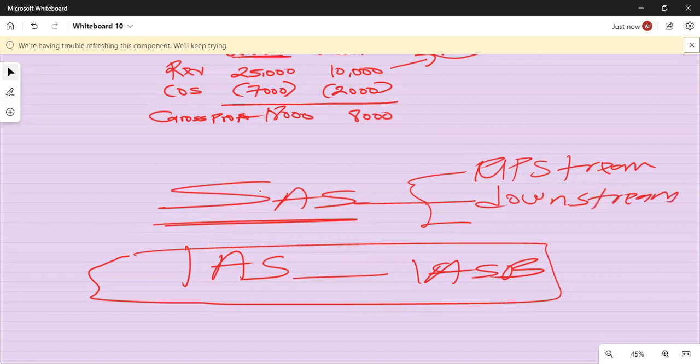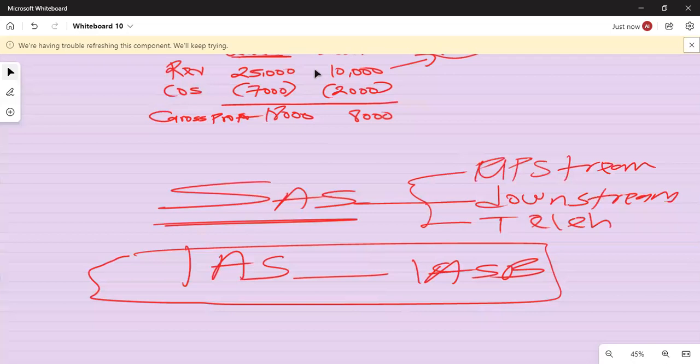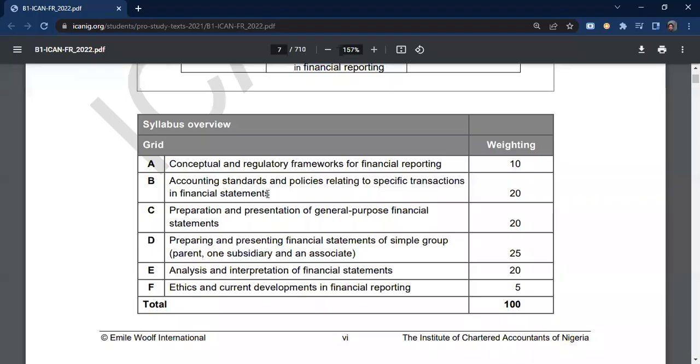And we also have telecommunication. So these three standards, upstream, downstream, and telecommunication, are separate standards in our Statement of Accounting Standard, and they are still relevant, despite the fact that we are using international accounting standards.